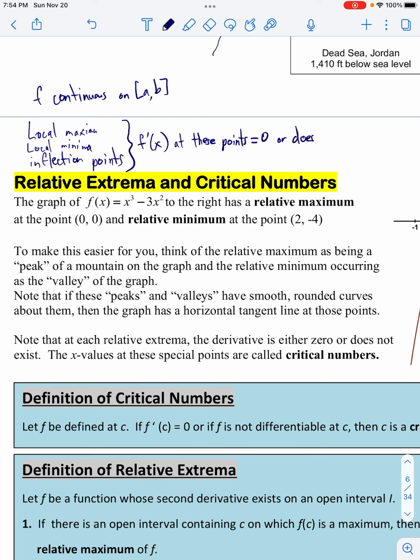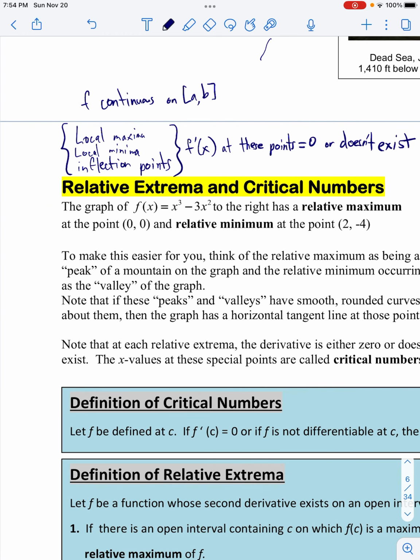Either equals 0 or it doesn't exist, okay? And these are all in one category. They're called critical points. That's actually the definition. Okay?